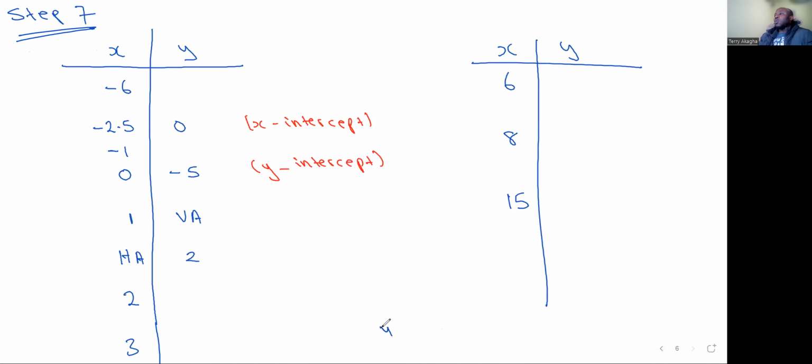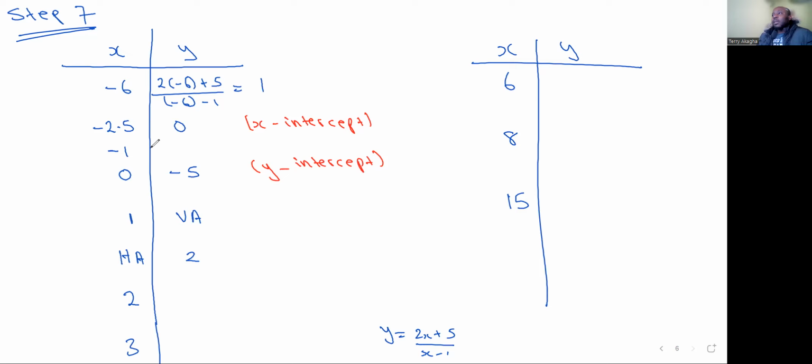So we're going to find the y values for each of them. So anywhere you see x, you put minus 6. It's going to give us 2 into bracket minus 6 plus 5 divided by minus 6 minus 1. And when you solve this, your answer is going to give you 1.